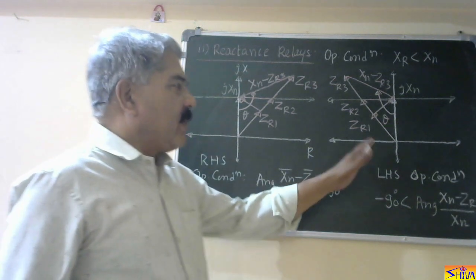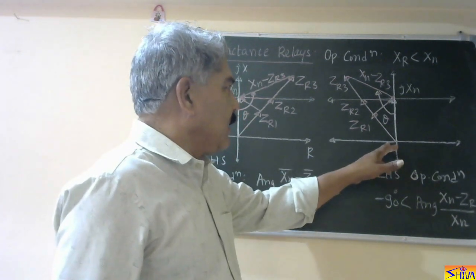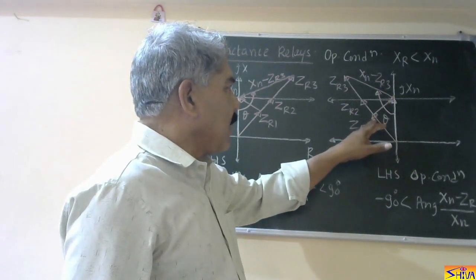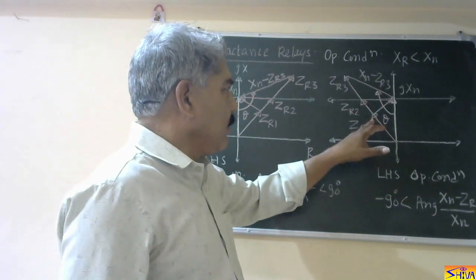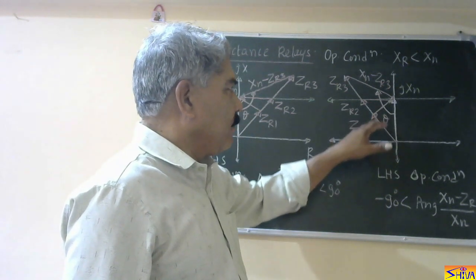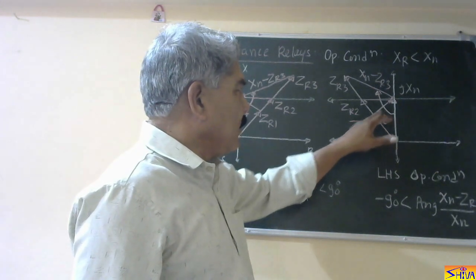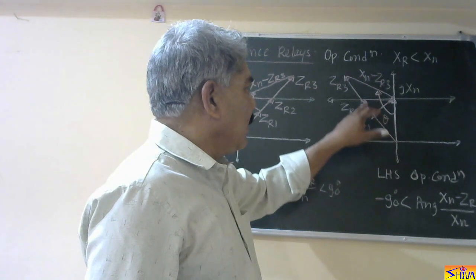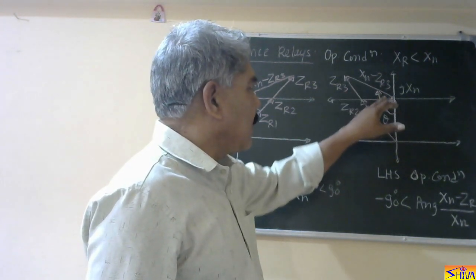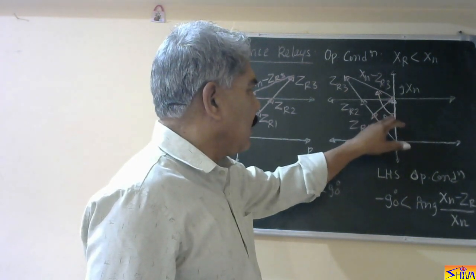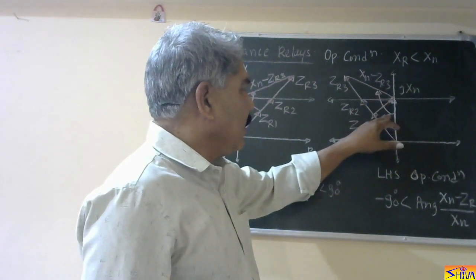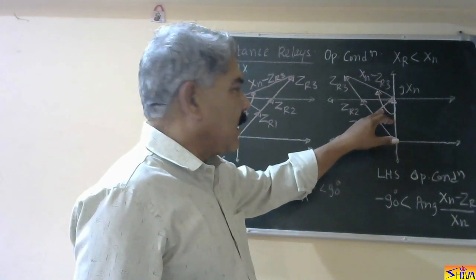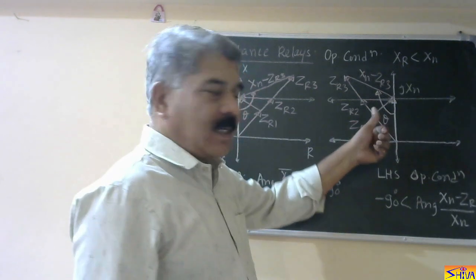Now consider the left hand side of the characteristic. Again consider impedance vectors ZR1, ZR2 and ZR3. ZR1 is inside this operating characteristic. These are vectors Xn minus Zr1, Xn minus Zr2, Xn minus Zr3. Now the angles are theta 1, theta 2 and theta 3. Angle theta 1 is greater than minus 90 degrees; we are measuring in the clockwise direction.